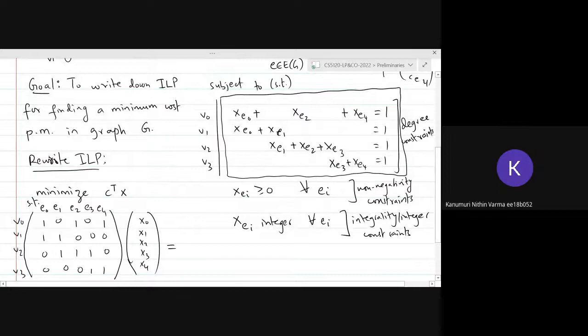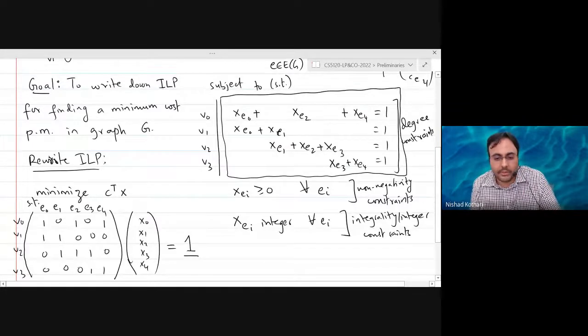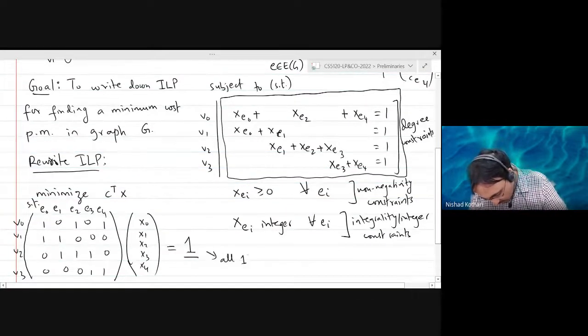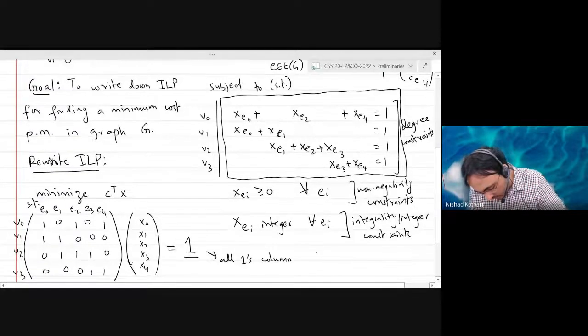All ones. So we want it to be the all ones column vector. I'm going to underline it to indicate that I am referring to the all ones column vector of the appropriate dimension. We won't write down the dimension because it's clear from the context.